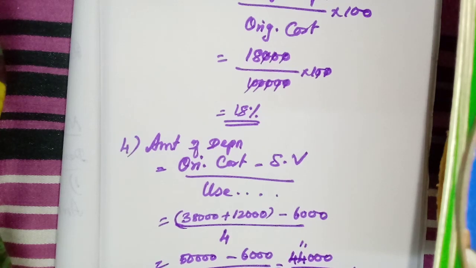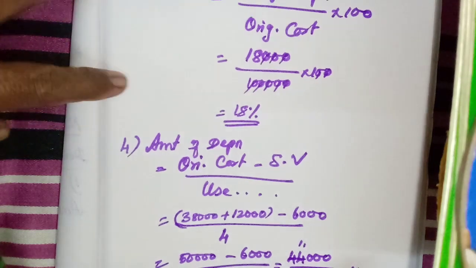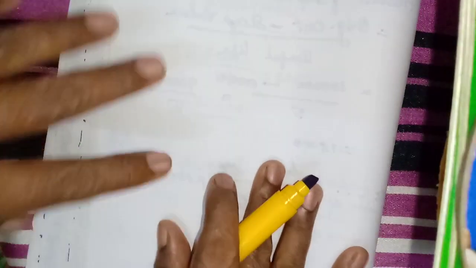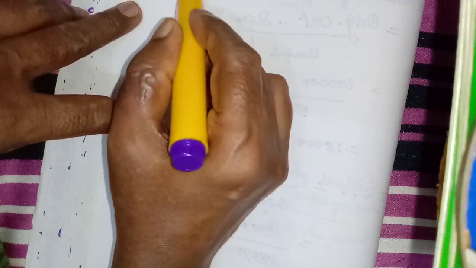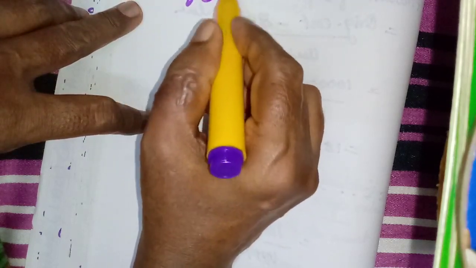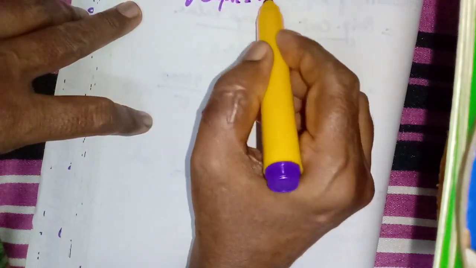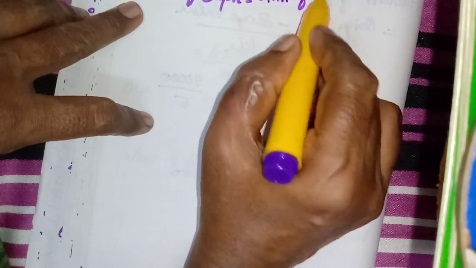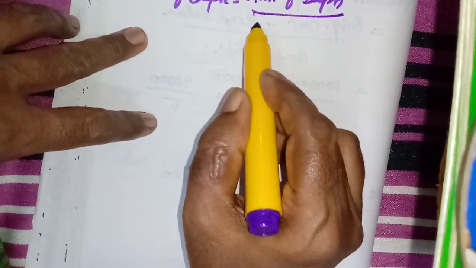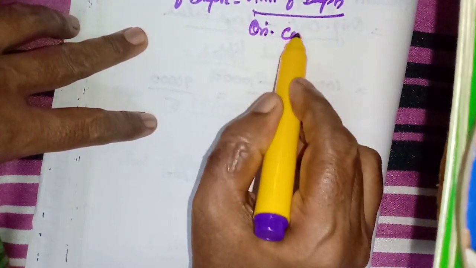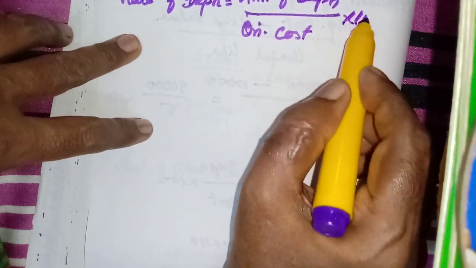They have asked us to calculate the rate. Rate of depreciation: amount of depreciation divided by original cost into 100.